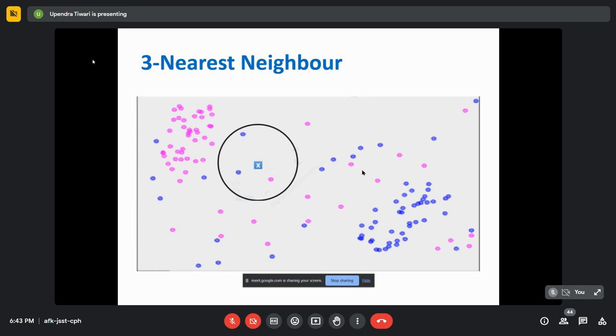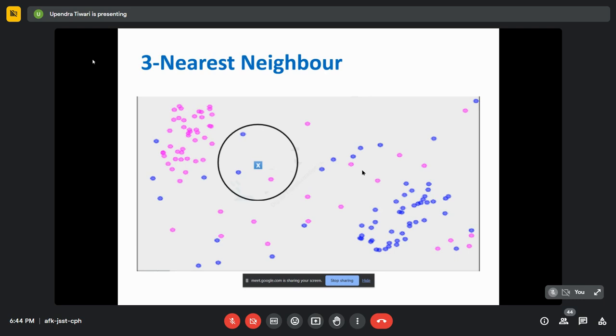Now, let's talk about this three nearest neighbor. Here we give the value of k as 3, an odd number, and with an odd number this kind of problem will never be there. Suppose we input a new data point and we find the 3 data points most near to it.